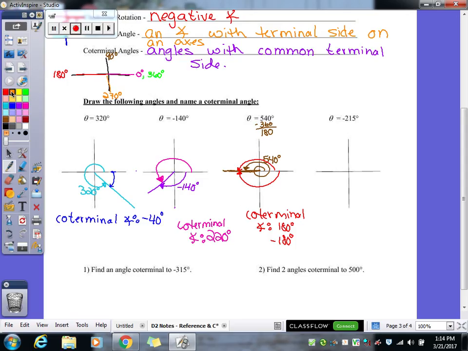All right, so negative 215. Let's figure out where we're going to land up. So we got 0, negative 90, negative 180. So my negative 215 will be up here in my quadrant 2.